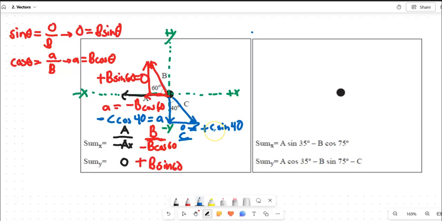You can't have two cosines to a triangle. That would be crazy. So the horizontal portion of C, which goes here, is pointing to the right. So it's positive C sine of 40 degrees. The vertical portion is pointing down, is negative C cosine of 40 degrees.